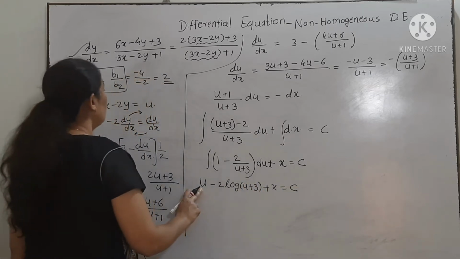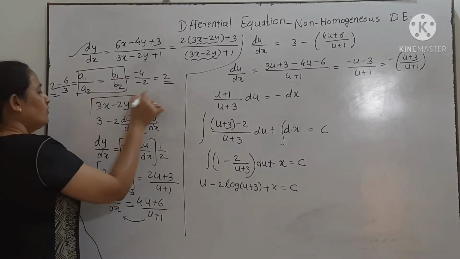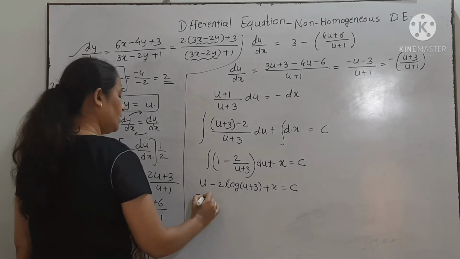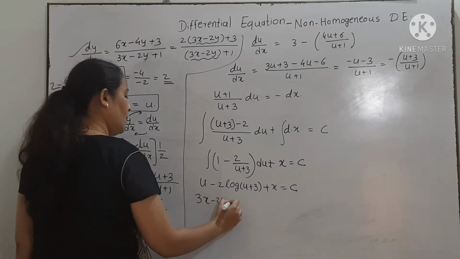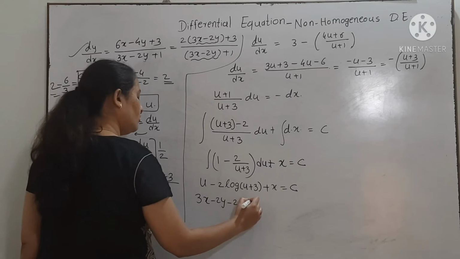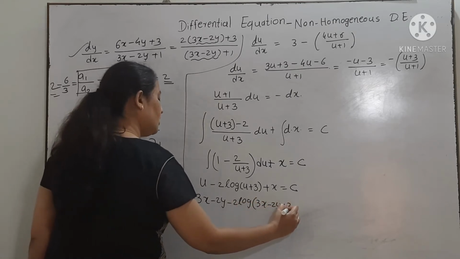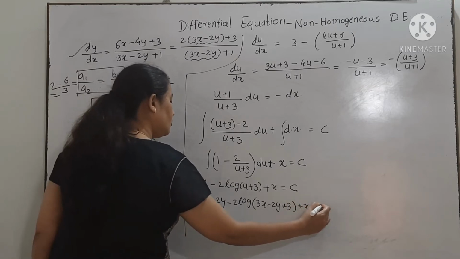Substitute value of u. U is our substitution. U is what? 3x minus 2y. If I substitute, 3x minus 2y minus 2 log of (3x minus 2y plus 3) plus x equal to c.